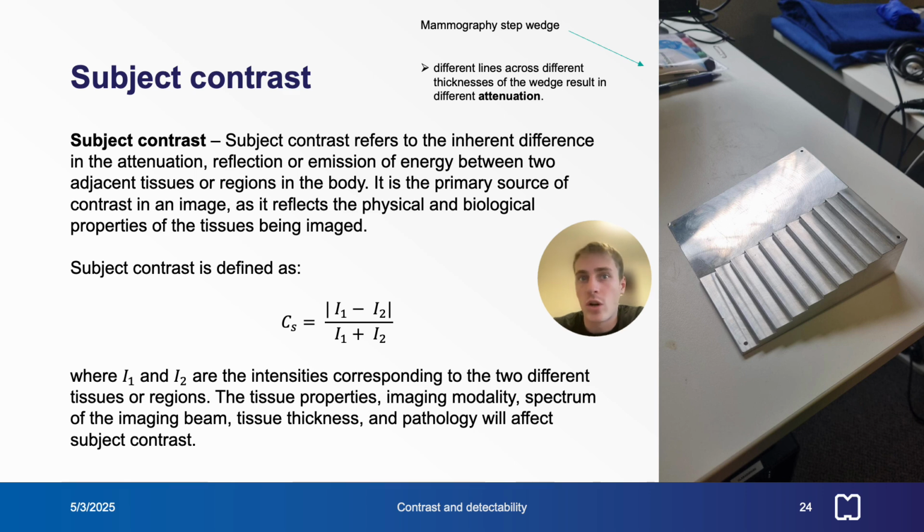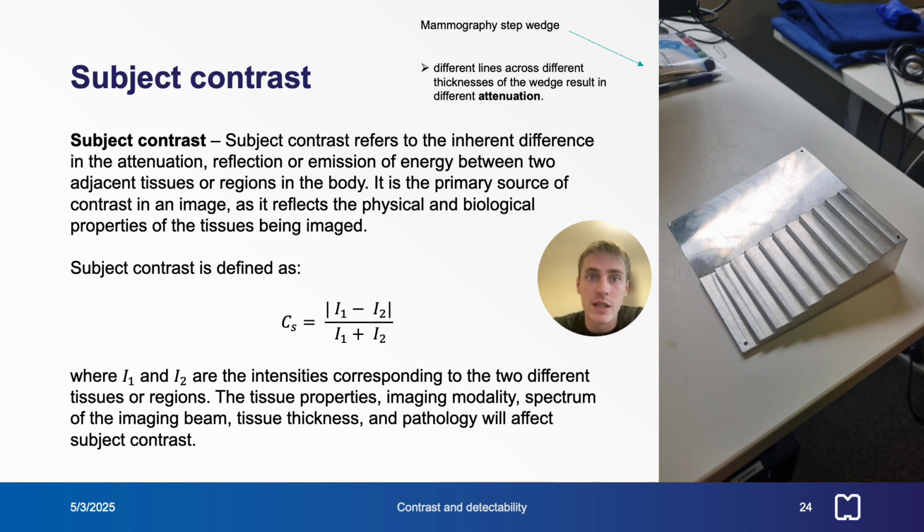So now moving on to contrast, we'll first talk about subject contrast, which refers to the inherent difference in the attenuation, reflection, or emission of energy between two adjacent tissues or regions in the body. It is the primary source of contrast in an image as it reflects the physical and biological properties of the tissues being imaged.